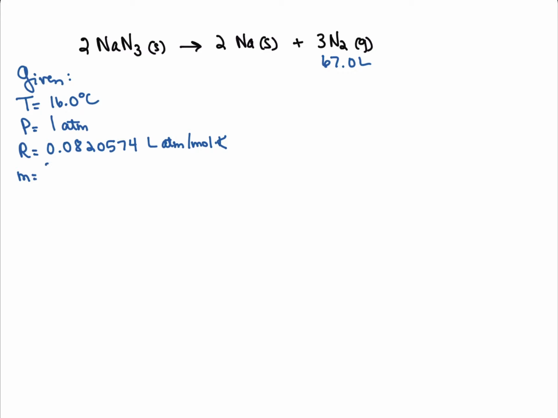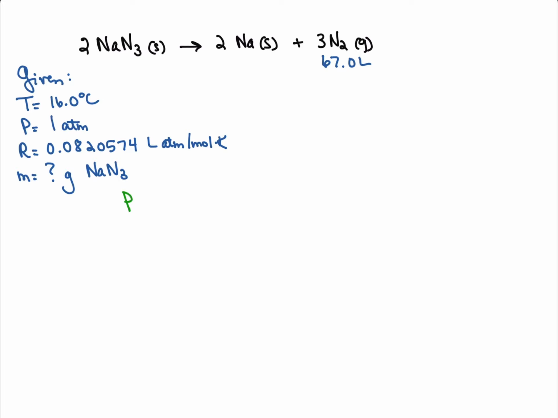And they're asking us for the mass of NaN3. So they've given us the volume of N2, but they're asking us for the grams of NaN3. So we can actually go from moles of N2 to grams of NaN3.